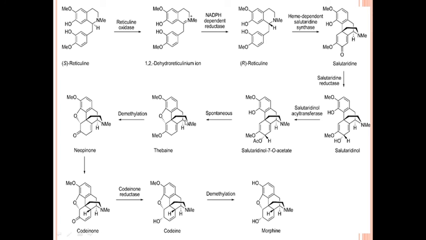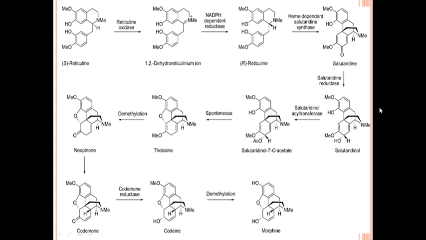Here from thebaine, codeinone is produced. Now that codeinone is converted to codeine by using the enzyme codeinone reductase, that will reduce the codeinone to codeine. And due to demethylation of that codeine, the morphine is produced. So here finally you are getting morphine.